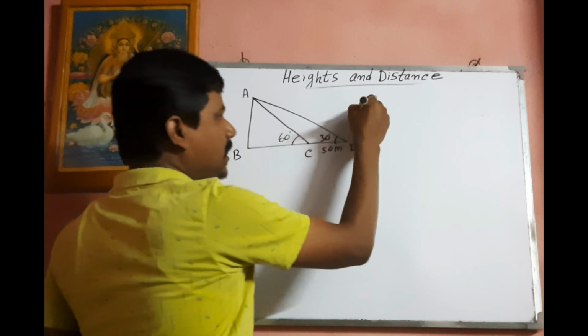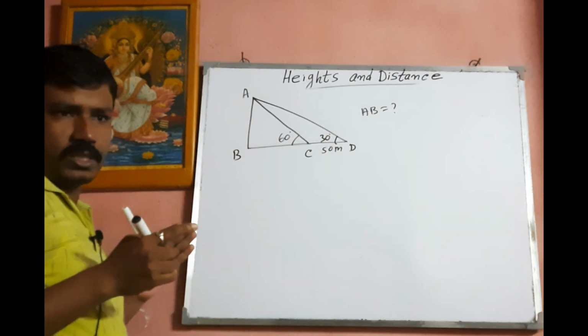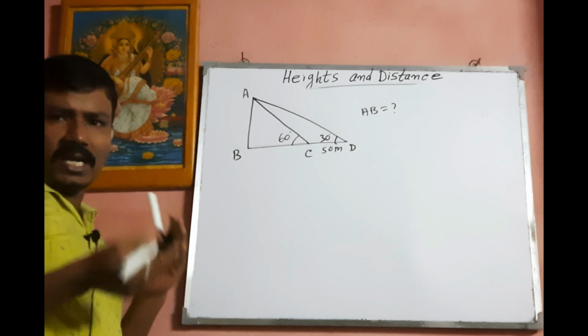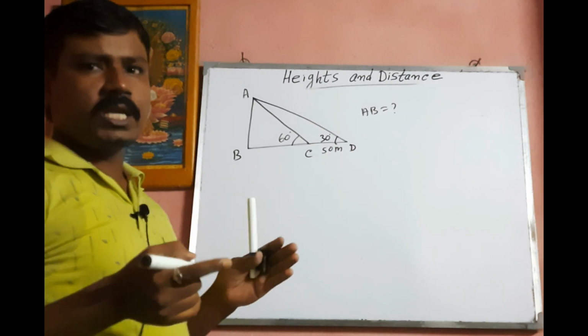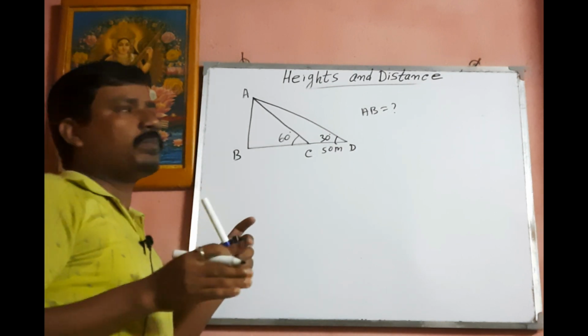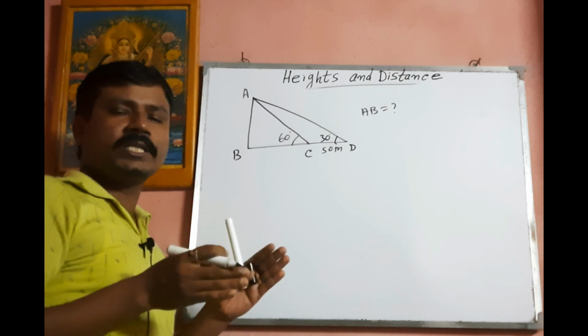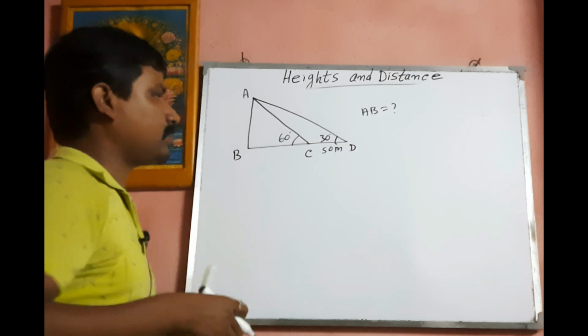You want to find AB, that is the length of the river or length of the bridge according to our given question. These types of questions are important for the board exam as well as competitive exams.